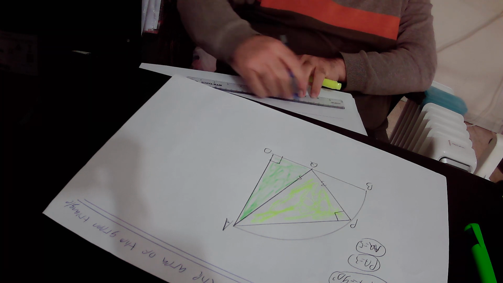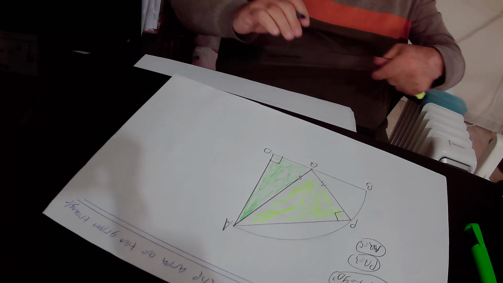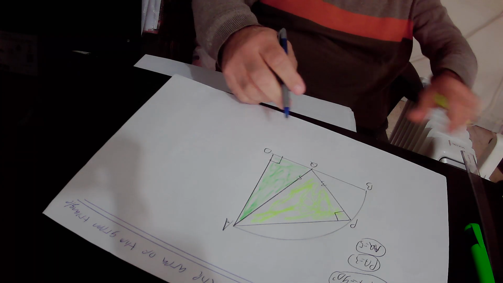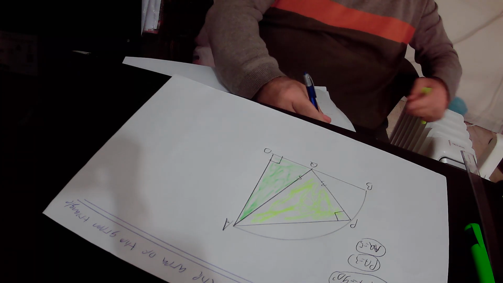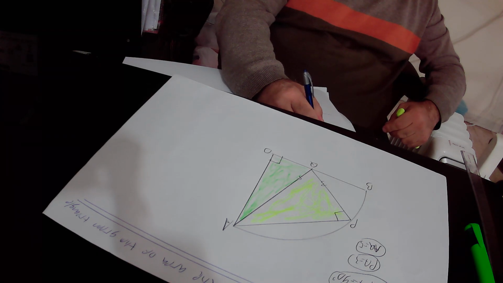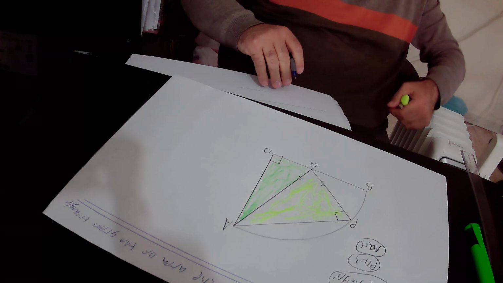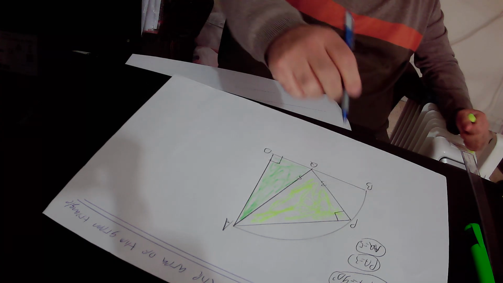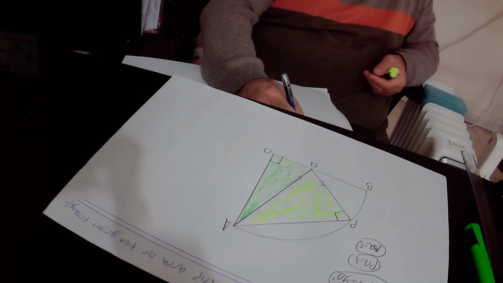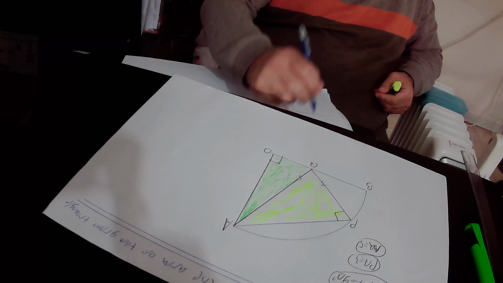The hypotenuse in the right yellow triangle APQ is AQ, therefore the square of the hypotenuse is AQ square. And it must be equal to the sum of the squares of the perpendiculars, that is to say, PQ square plus AP square.